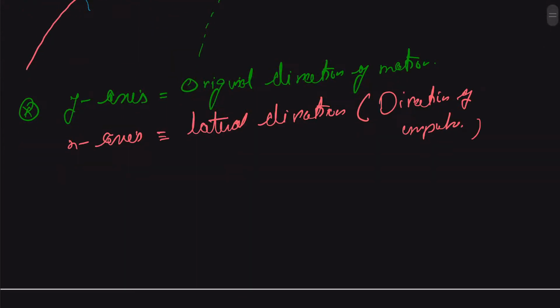And finally we have our z-axis, and the z-axis is nothing but normal to the hoop plane.